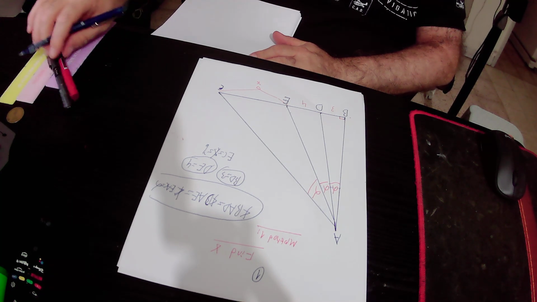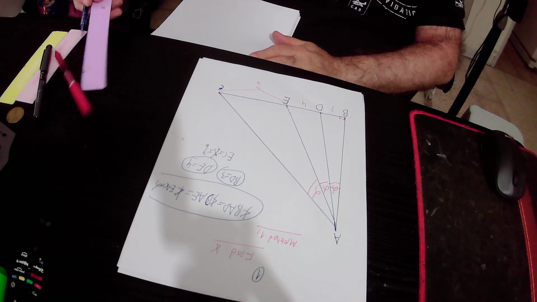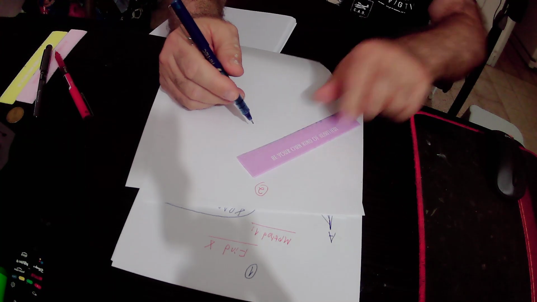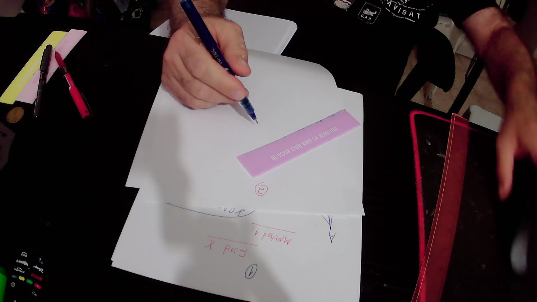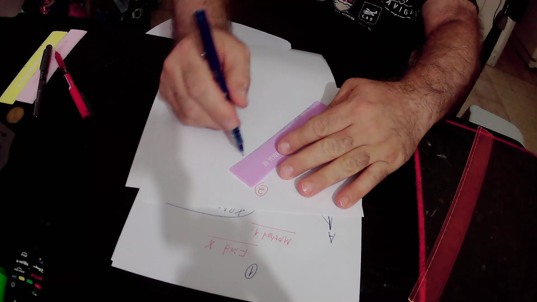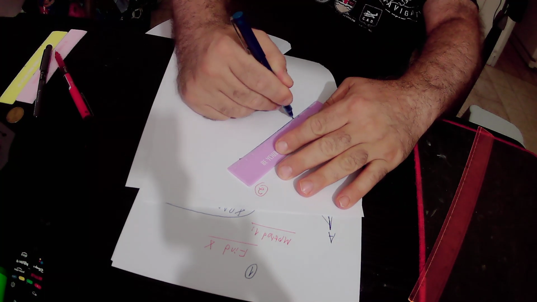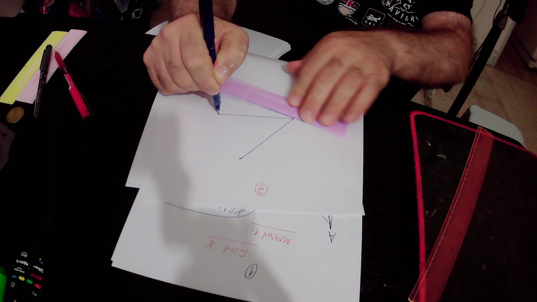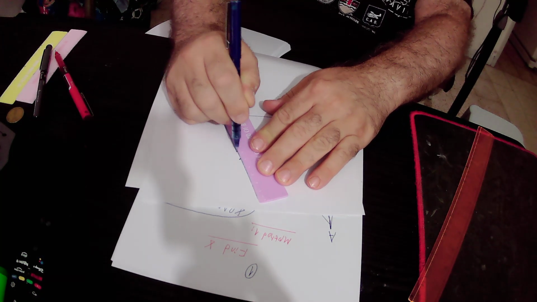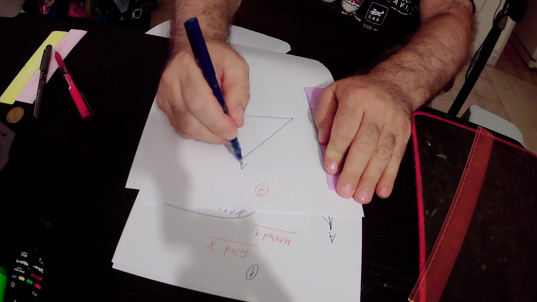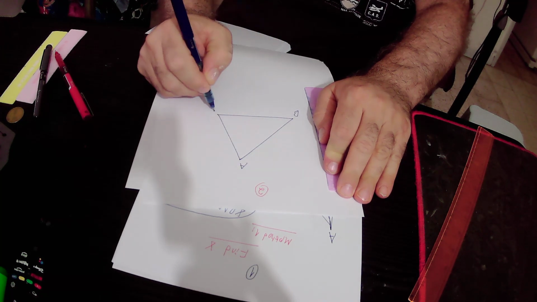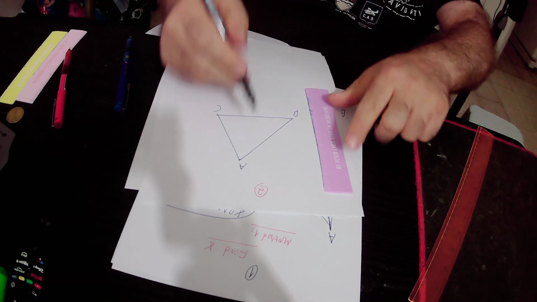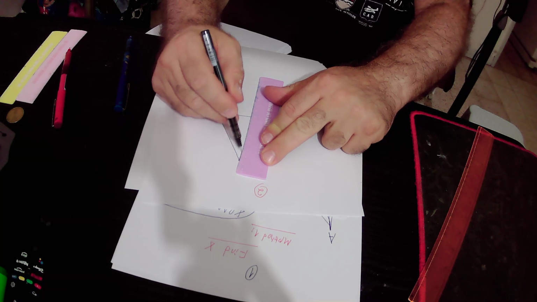and we have a rule that if you have triangle ABC and we know that AD is angle bisector.